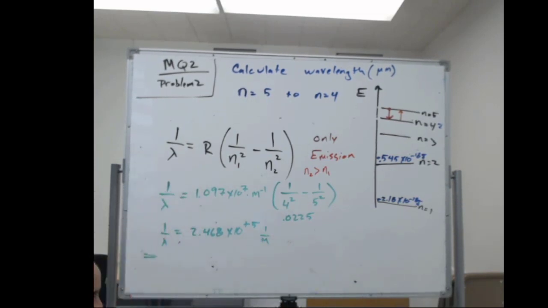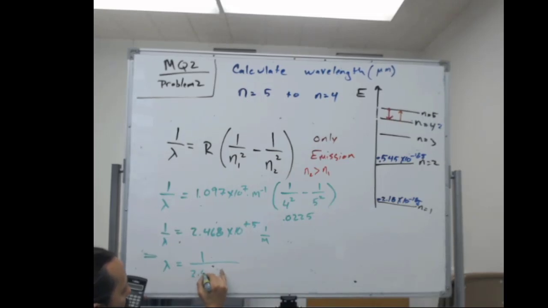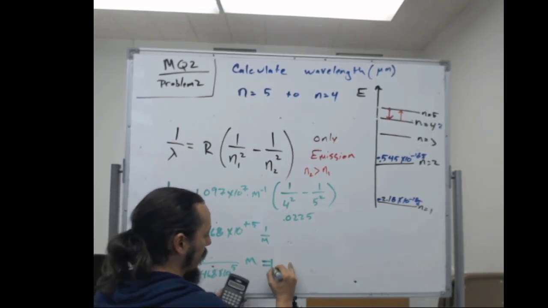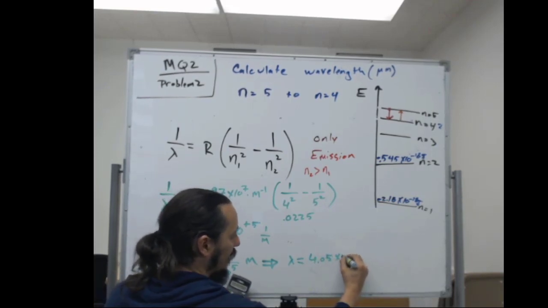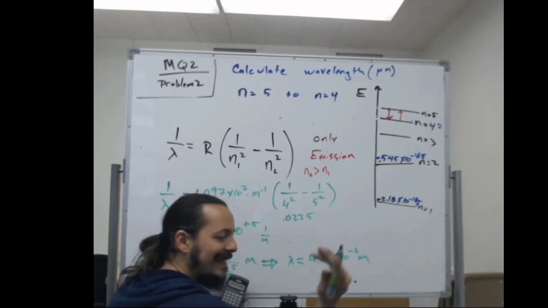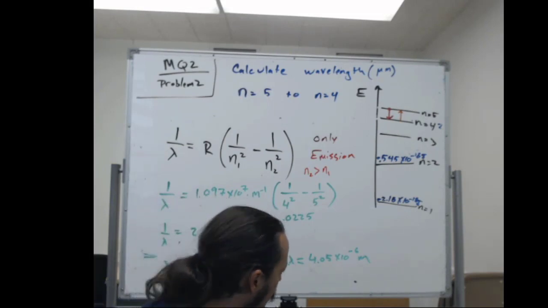So not a wavelength. Now I have to flip the left-hand side of the equation, and I'm going to flip the right-hand side of the equation. So lambda is going to be equal to 1 over 2.468 times 10 to the 5 meters. And if you flip that, you get a wavelength of 4.05 times 10 to the minus 6 meters. You get the same value that we just got.